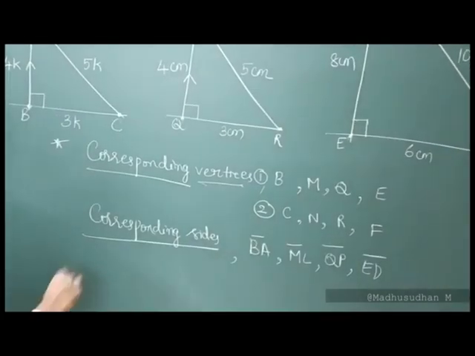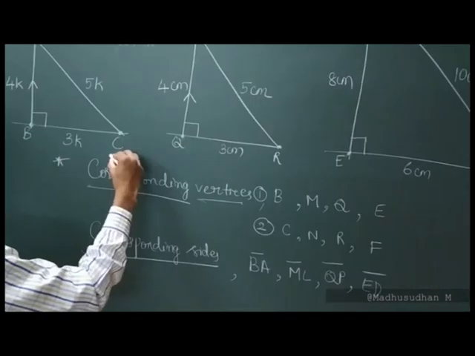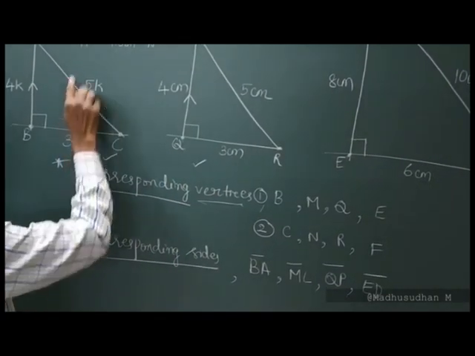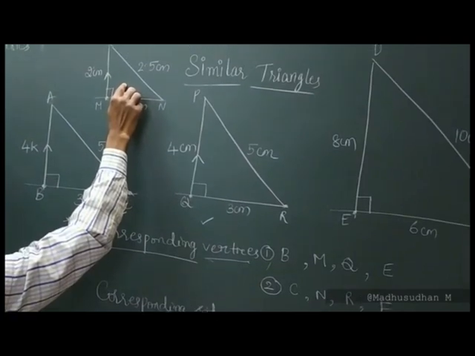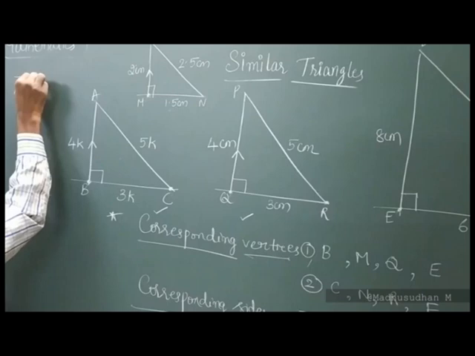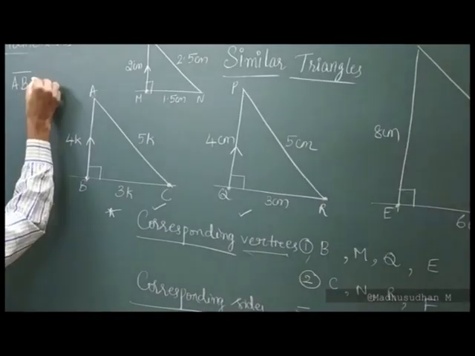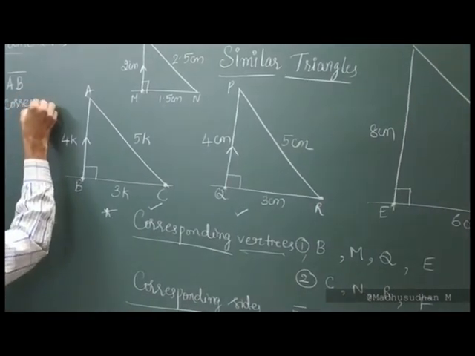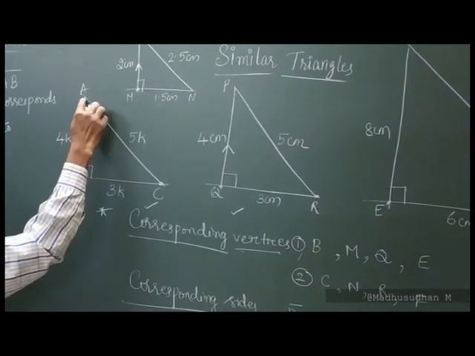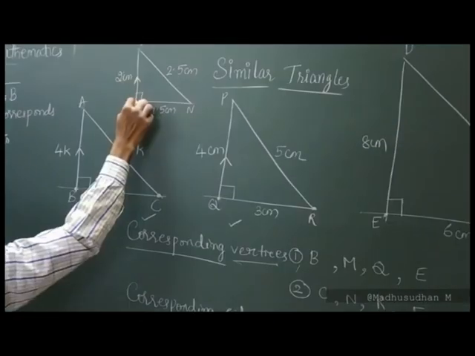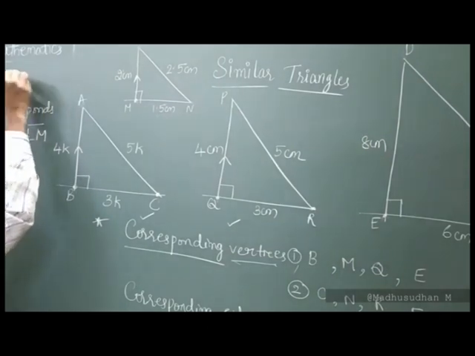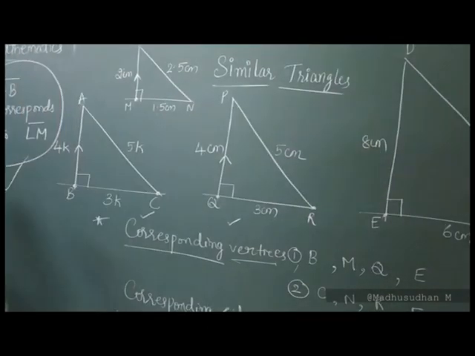Then suppose I compare this diagram with this diagram, please understand, AB line segment corresponds to LM line segment, and this part shall be right.